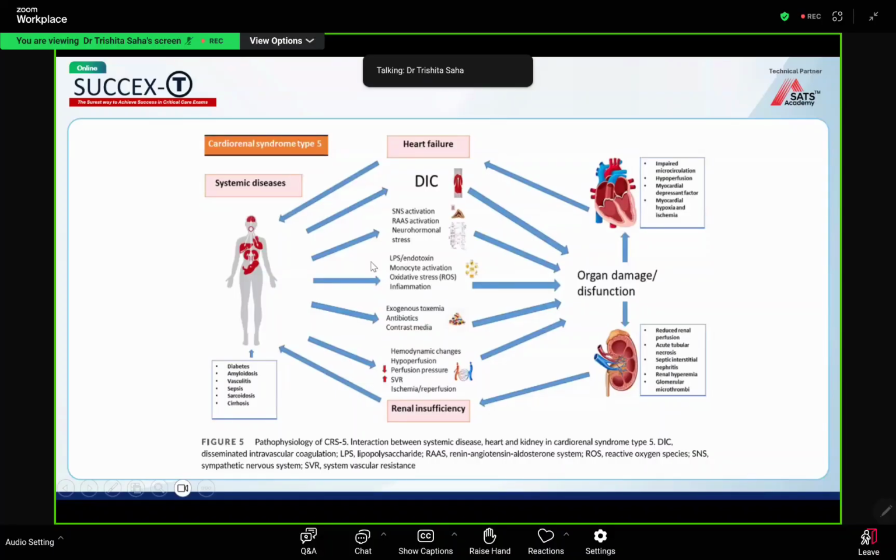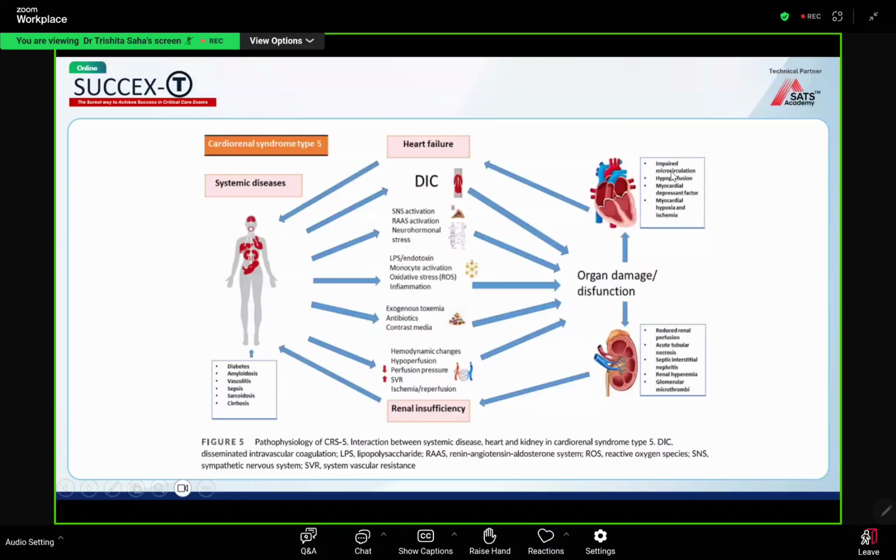There is multifactorial involvement: activation of the sympathetic nervous system, RAS activation, endotoxin in sepsis, LPS-associated damage, activation of DAMPs and PAMPs, monocyte activation, oxidative stress, inflammation, exotoxin, toxemia, antibiotics, contrast, everything is leading to hemodynamic changes, hypoperfusion, decrease in perfusion pressure, increase in SVR. Ultimately, there is organ damage.